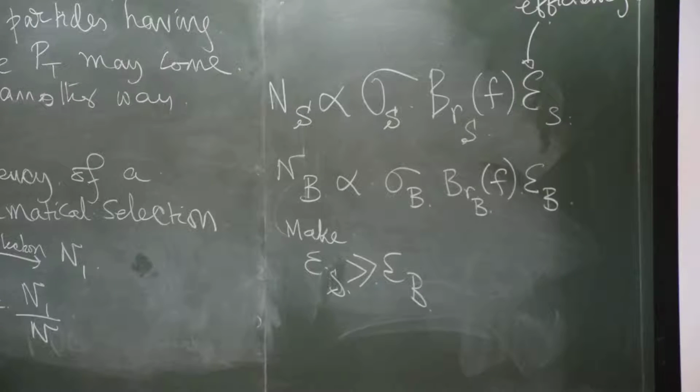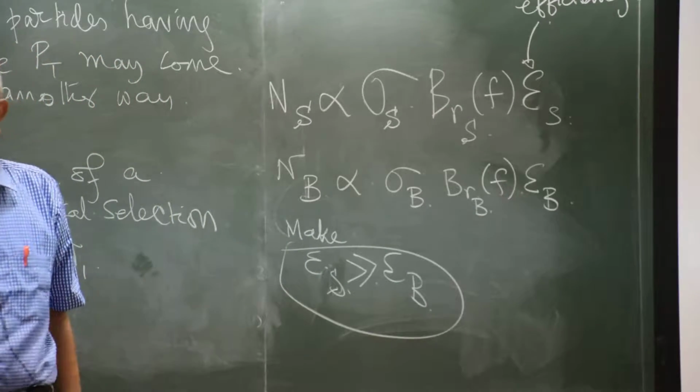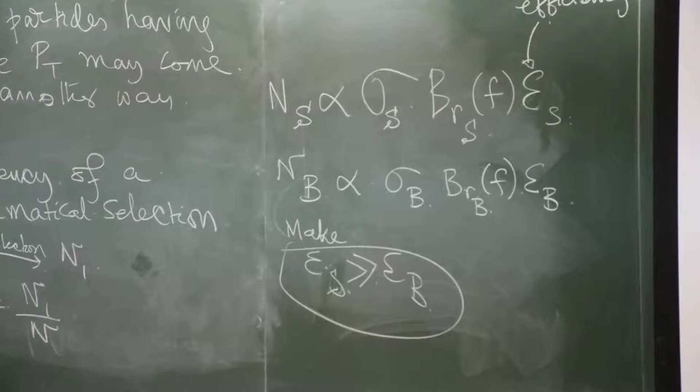In practice it is impossible, which would give you a reasonable discovery probability of Higgs in the bb-bar channel. Well, people are discovering the bb-bar channel now, although the results are very imprecise. So this is the importance of efficiency: by choosing the selection cuts appropriately, you can suppress the background compared to the signal as much as possible.